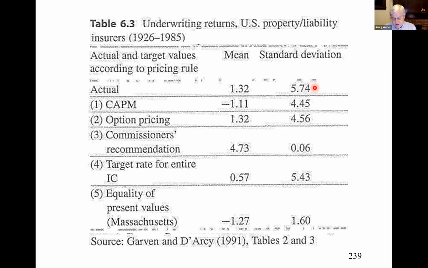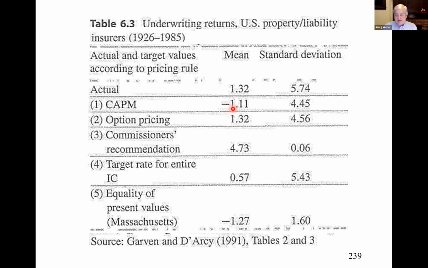But we discussed it's no problem if the underwriting return is negative, if the underwriting business is a good hedge for the assets of the insurance company. That's what we discussed in the last lecture. Now, the capital asset pricing model predicts for those 60 years an average underwriting return of -1%.